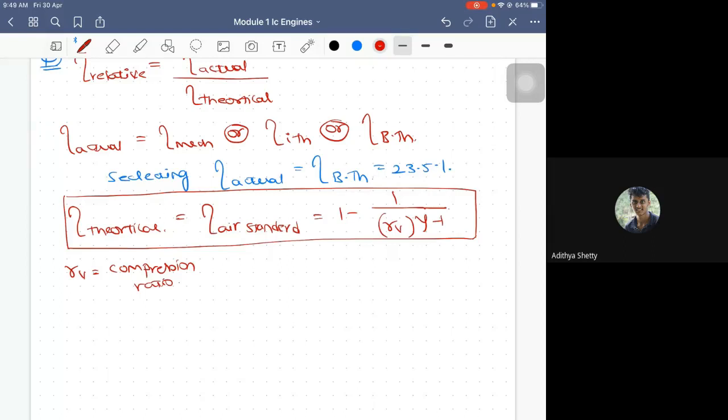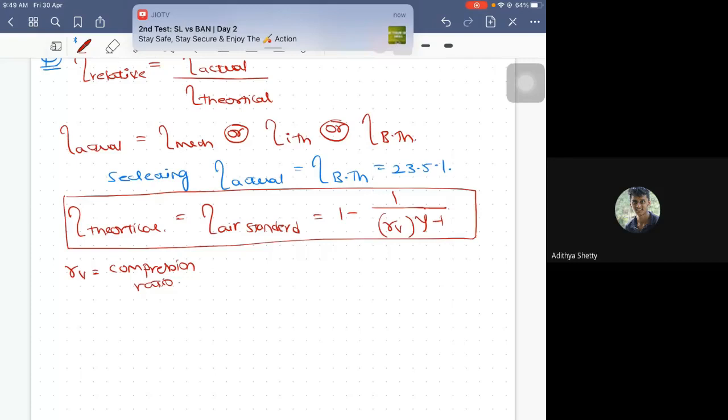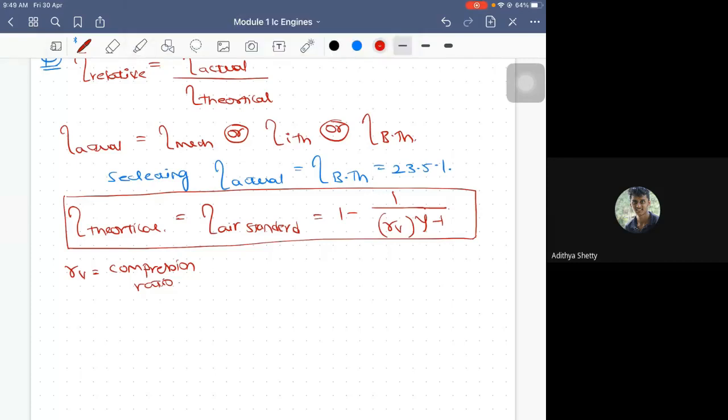It's the compression ratio. So what do you mean by compression ratio? It is volume before compression divided by volume after compression.